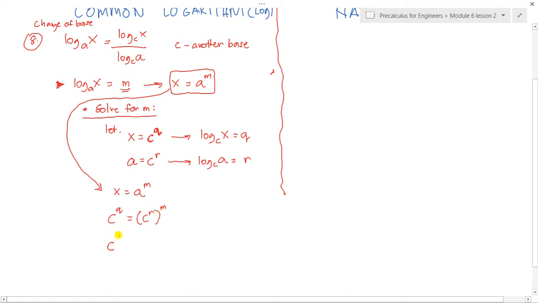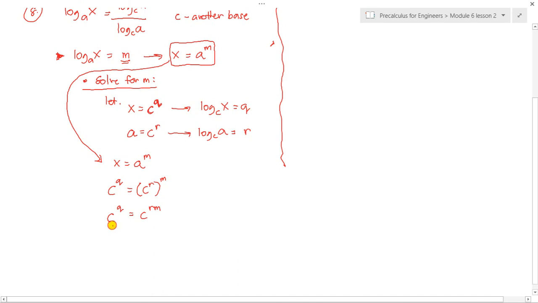Simplifying further, c^q is equal to c^(rm). Since the bases are the same, we can just equate the exponents. So q is equal to rm. Since m is what we are solving for, divide both sides by r. Now, m is equal to q over r.